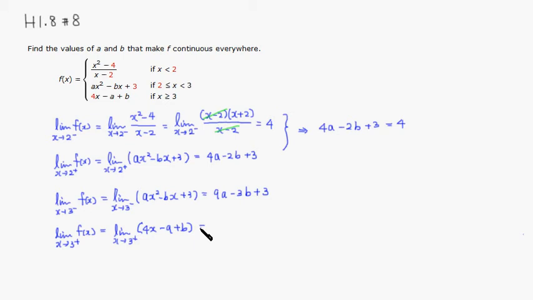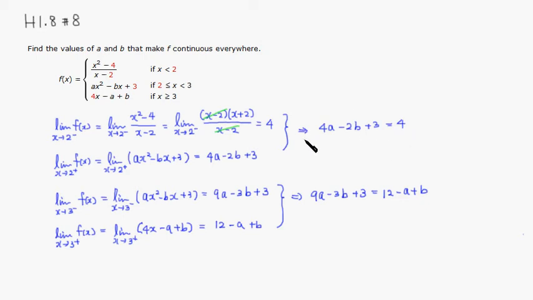You can just plug in, so it's 4 times 3, which is 12, minus a plus b. So we have to make sure that 9a minus 3b plus 3 must be equal to 12 minus a plus b. We're going to simplify as much as possible.